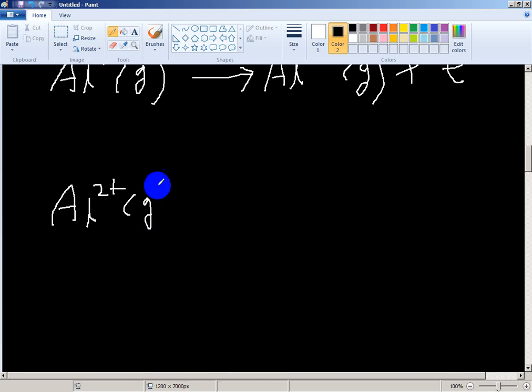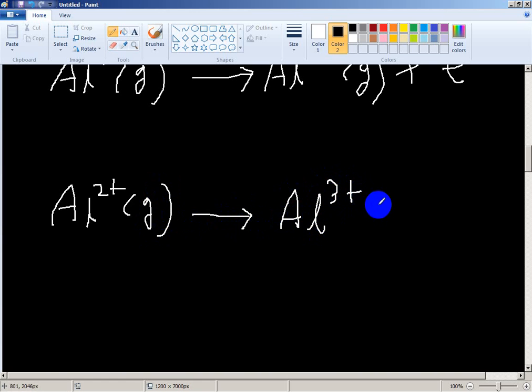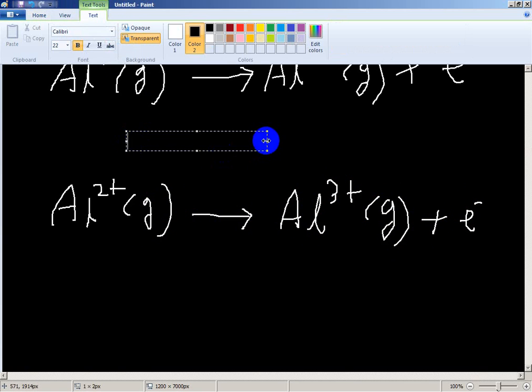If I remove another electron, it now becomes 3 plus, with one negative electron here. Okay, this is the third ionization energy.